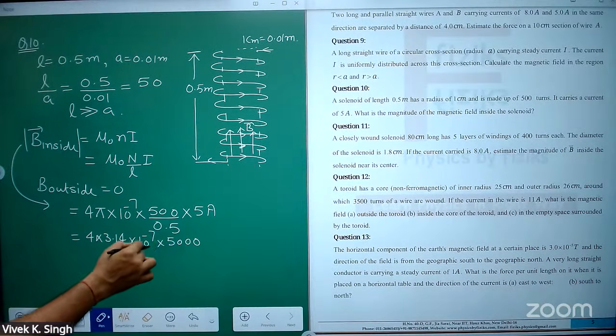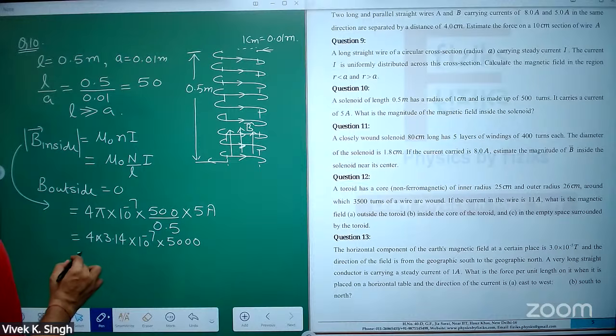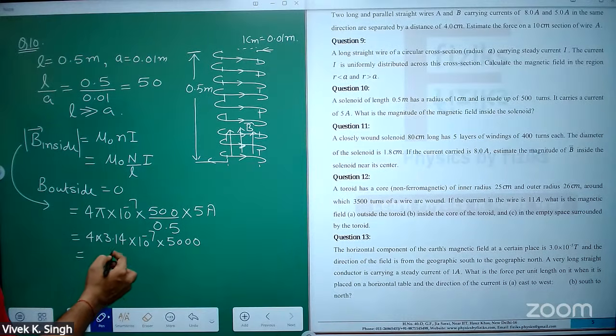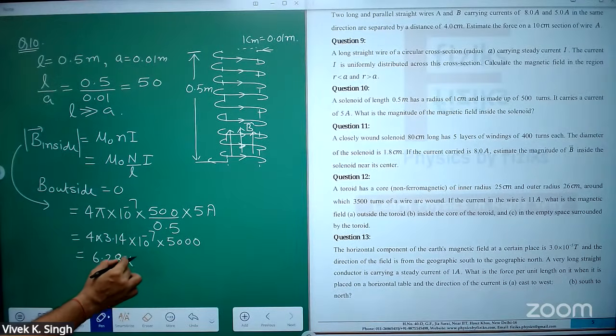I have multiplied numerator and denominator by 10. Then this 5 will cancel out. So this value is 10 to power 3, 10 to power minus 4, and approximate value is 6.28 into 10 to power minus 3 Tesla.